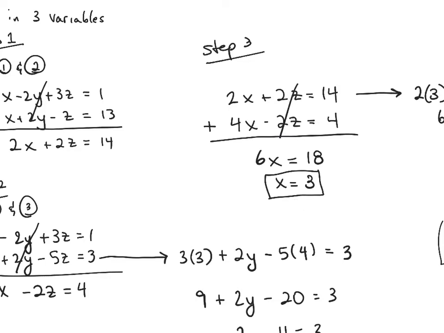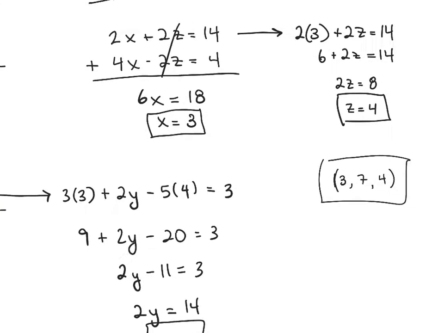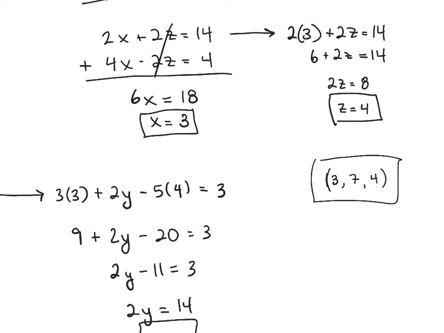Once I knew the value of x, I substituted directly into this system of equations that only had the 2 variables to solve for z. Once I had x and z, I went back to one of the original equations, plugged in the x value and the z value, allowing me to solve for y. And then you represent your solution in the form of an ordered triple.